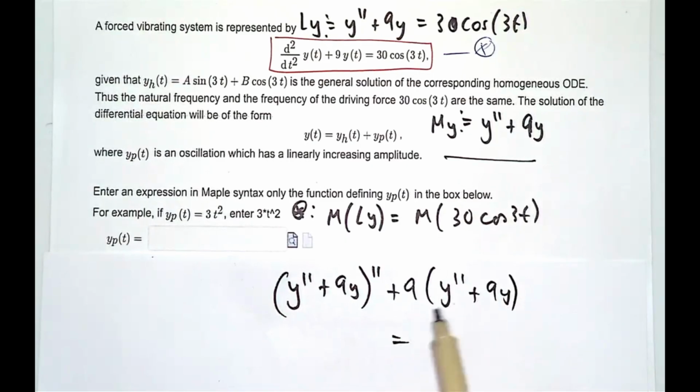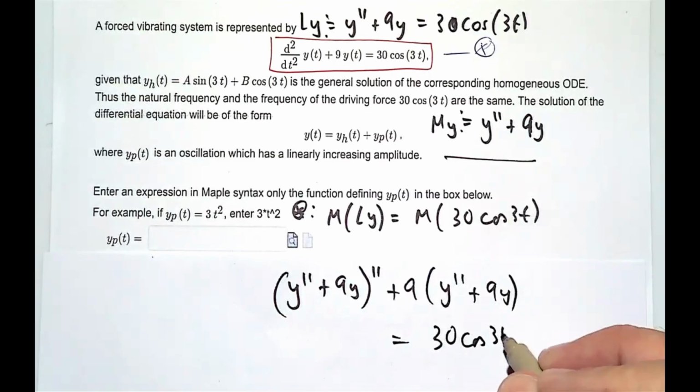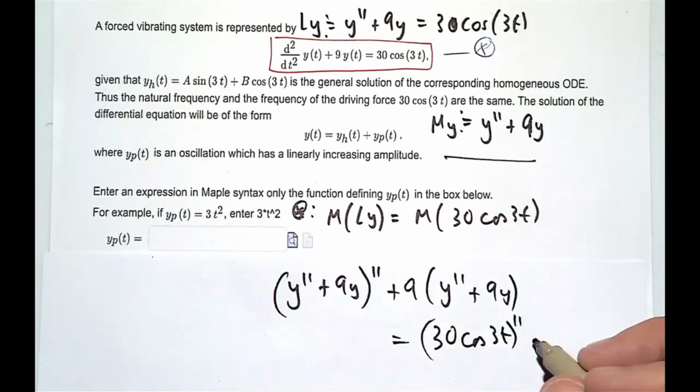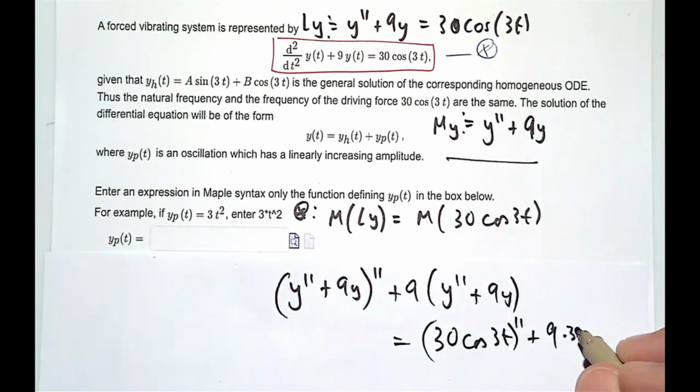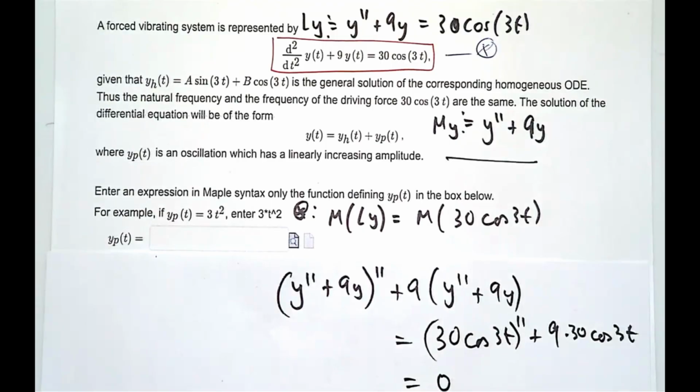Okay, that's the left-hand side. Okay, so the right-hand side, if you expand this, you differentiate twice, you're going to get something like negative 270 cos 3t, and you add 270 cos 3t in there, the right-hand side's going to be 0.